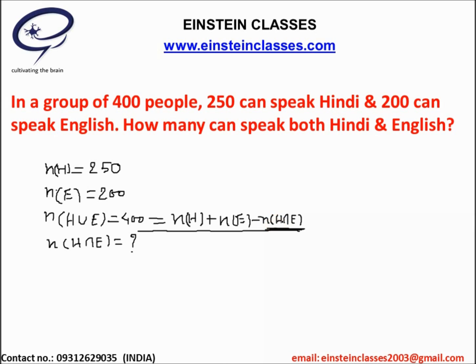It is given by 450 minus 400, because you put 250 here and 200 here, so these two values become 450. The number of elements in H intersection E will be equal to 450 minus 400, which comes out to 50. This is the total number of people who speak both Hindi and English.